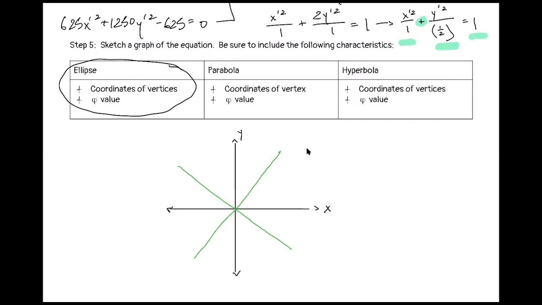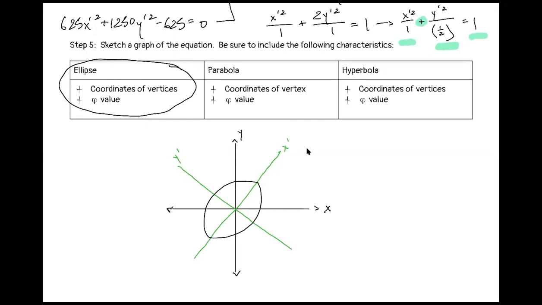But when we label the green ones, this is our X prime and this becomes our Y prime. So we're rotating it in the same direction we count on our unit circle. So we're going counterclockwise. And after we've done that, we can sketch an ellipse. And so I know that I'm going to draw my ellipse so that it is along that X prime, Y prime axis. Okay.